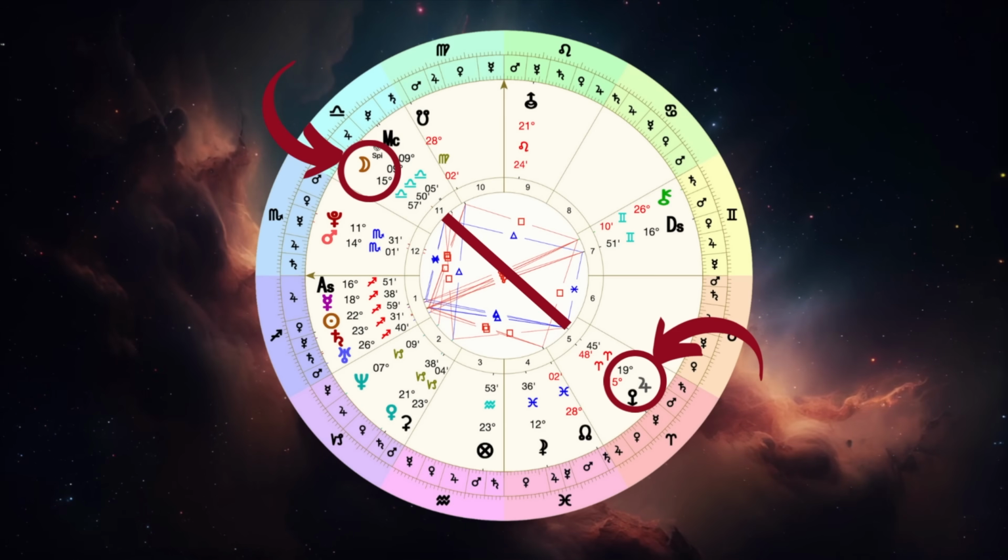I'm going to keep using my same chart example. This person again has a benefic opposition: an opposition between the Moon, which is on the Midheaven in the 11th house, and Jupiter, which is on the IC, by 10 degrees, so close there, in the 5th house.